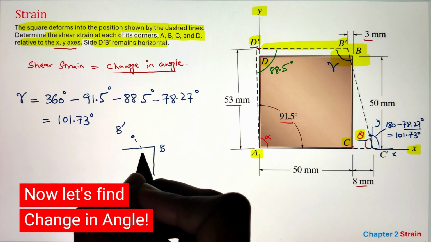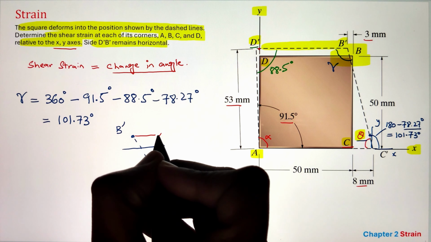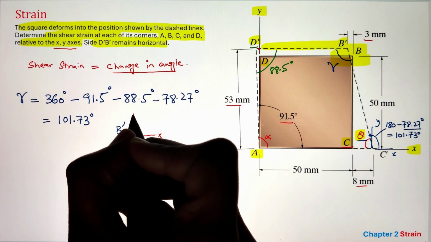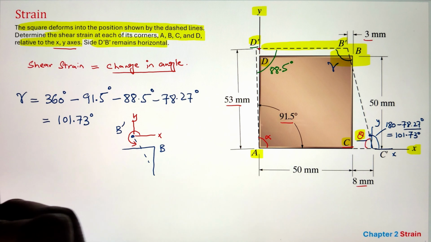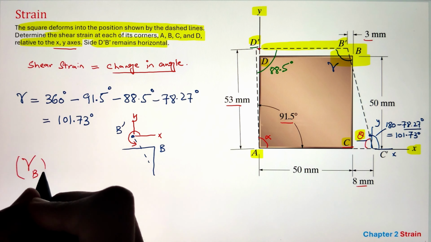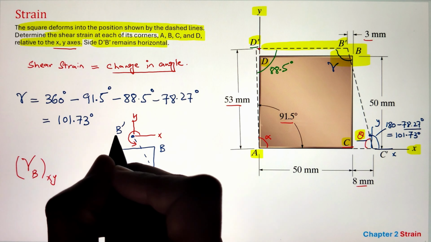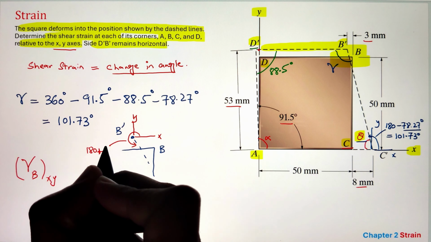Once we have the internal angle, again we have to figure out the change in angle with respect to the x and y axis. So let's draw the initial point shown as B and the new deformed point as B dash. Again, we will place our xy axis on the point itself and measure the dotted line with respect to our x-axis going in the counterclockwise direction.